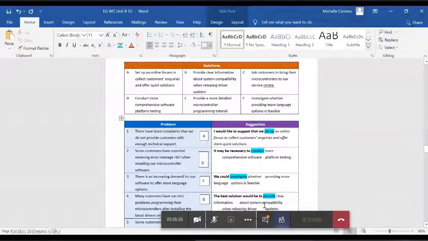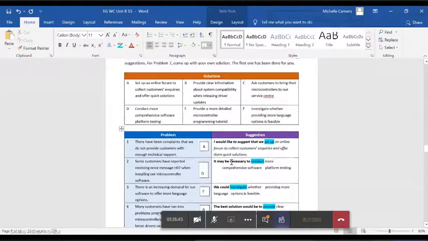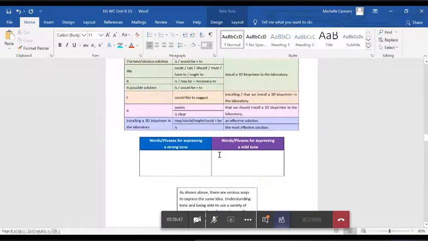All right, the next one, let's see, is E, provide a more detailed solution. So let's use this one.